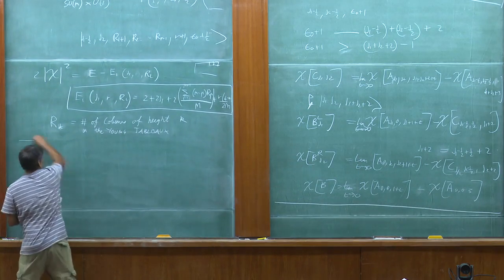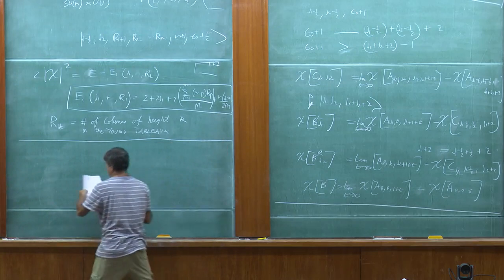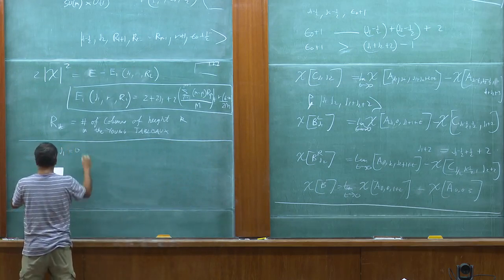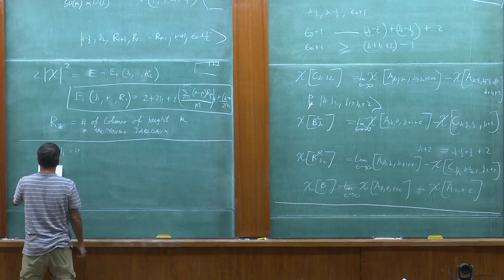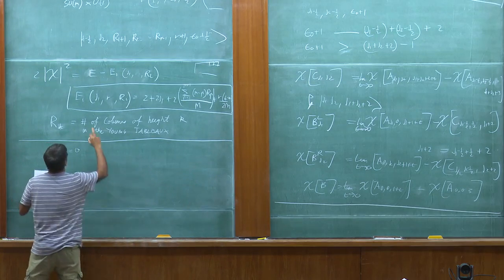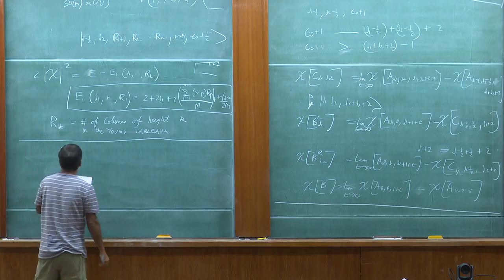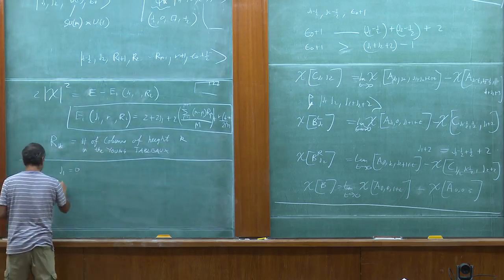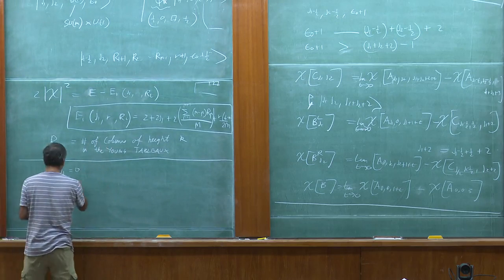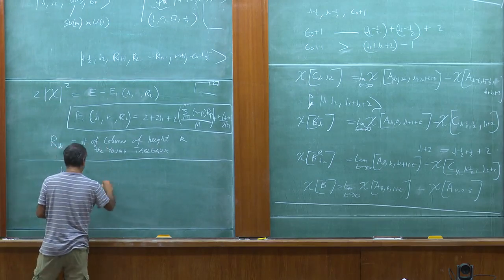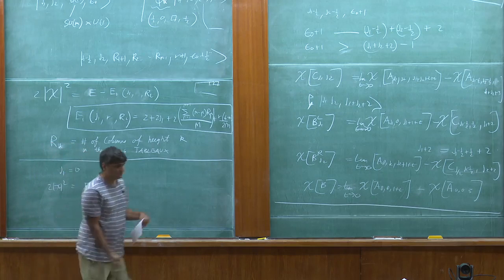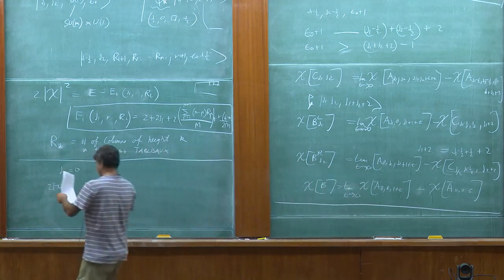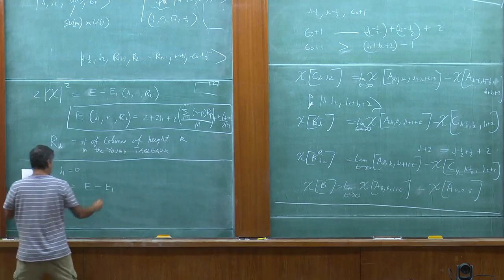Now, we need to say what happens in the case J1 equals 0. First, at level 1, you get the following thing. You get 2 chi square is equal to E minus E1 plus 2.